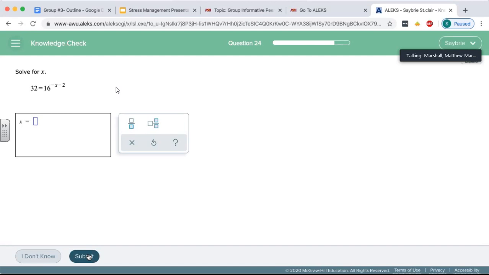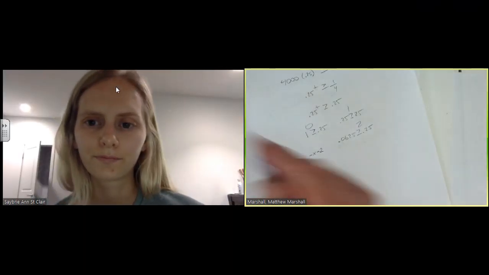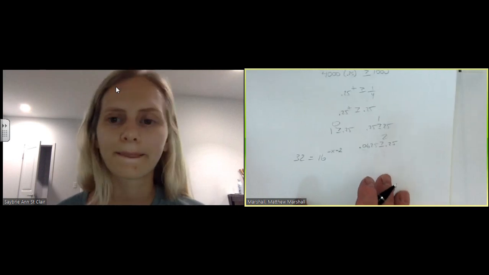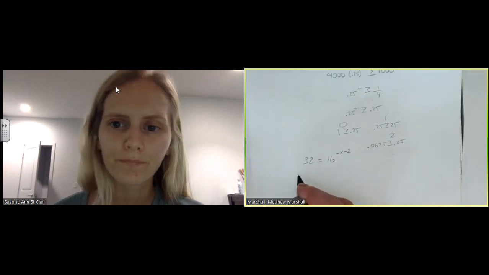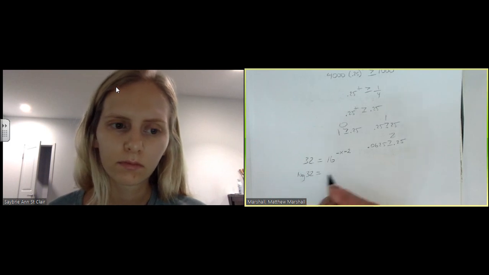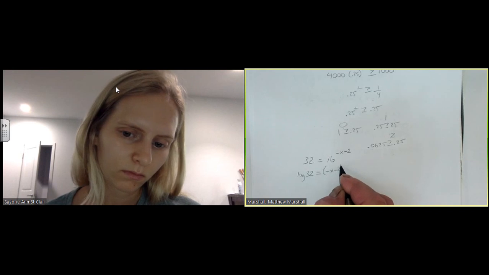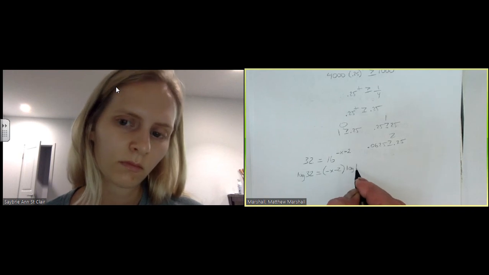Alright, I think I got a picture of this one. Alright, you ready? Switch over. Okay, so this one I'm going to write as a log. I'm going to write this as log 32 equals, in parentheses, negative x minus 2, log 16.